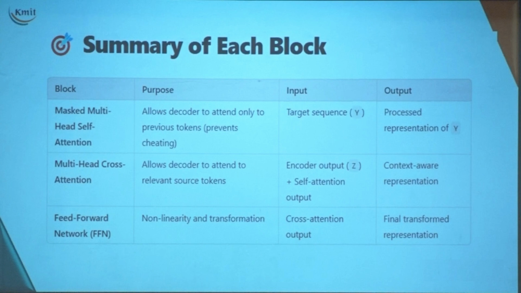Okay. So this is all about the decoder block. What is the difference between decoder and encoder? In the encoder, how many attention mechanisms are we applying? Only one, and that is self-attention. How many attention mechanisms inside the decoder?